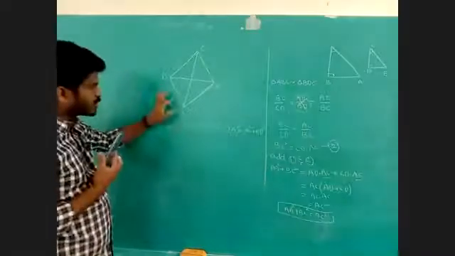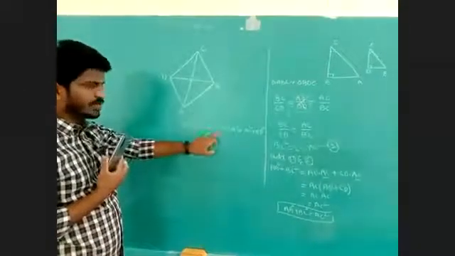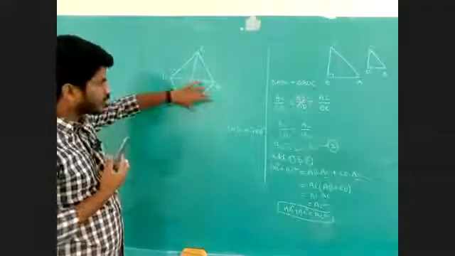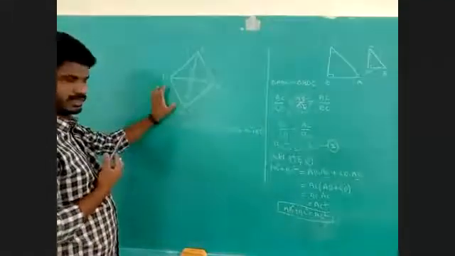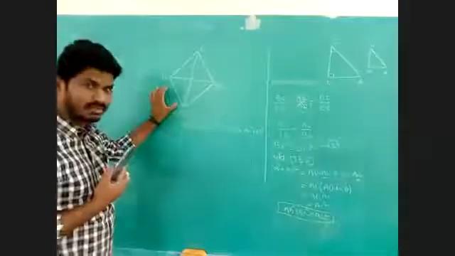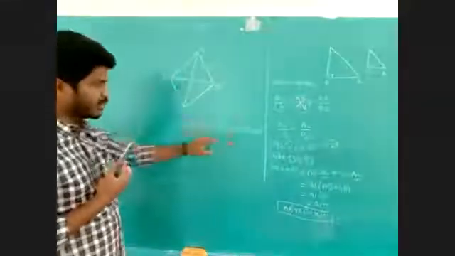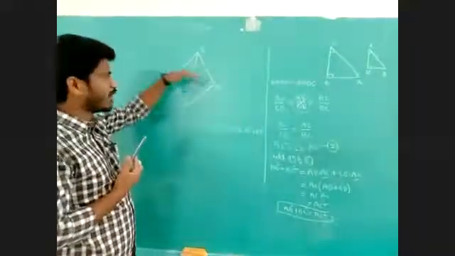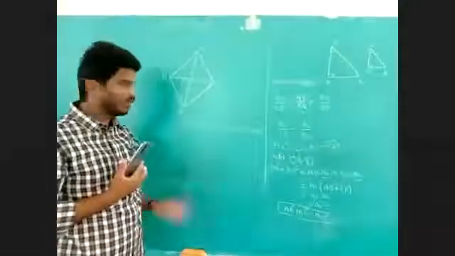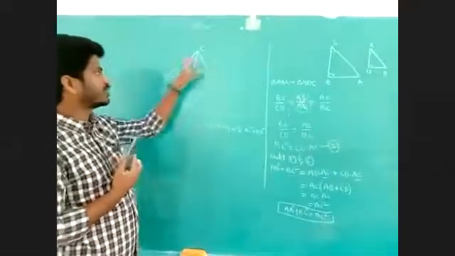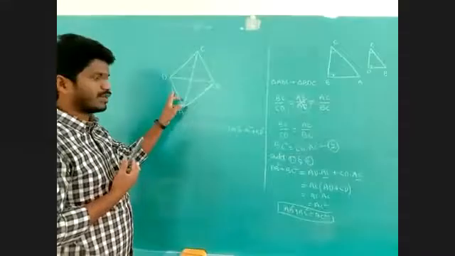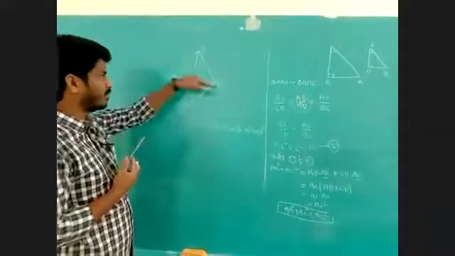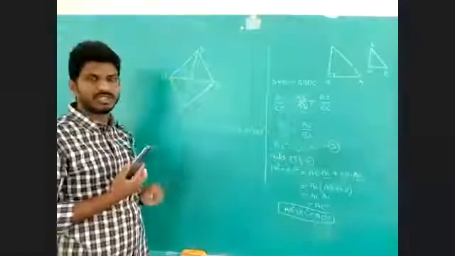So AB square plus BC square plus CD square plus AD square is equal to AC square plus BD square. Is it clear?